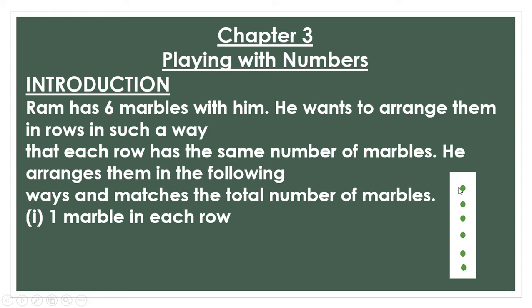See, we can see this is 1 marble. Always remember the horizontal is row and the vertical is column. So, how many number of rows are there? 6 number of rows.